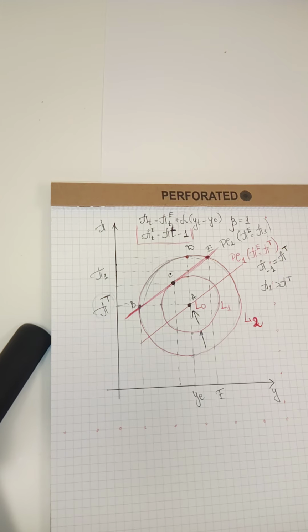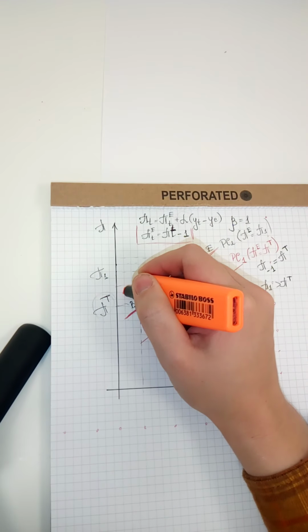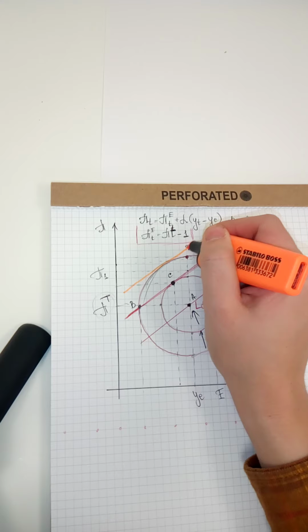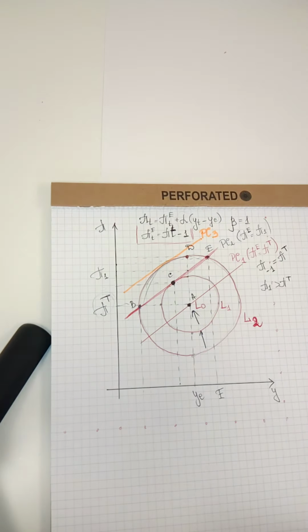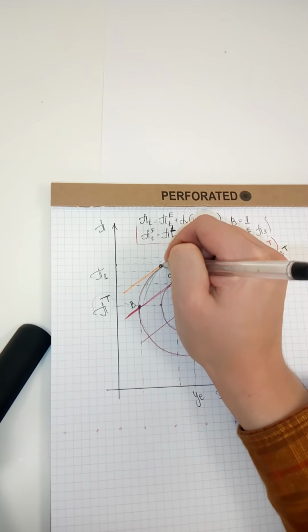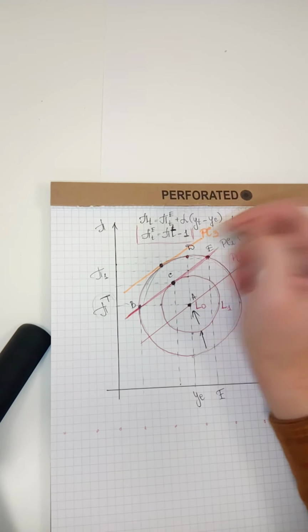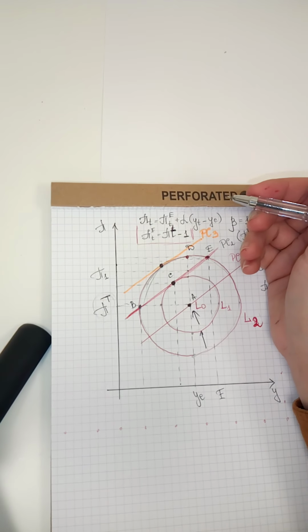Analogously, we can imagine that things are even worse, so there was even higher rate of inflation in the past period. So we draw another Phillips curve. So let's say this is PC3. And just following the same rule, this point of tangency will be the optimal point for the central bank.